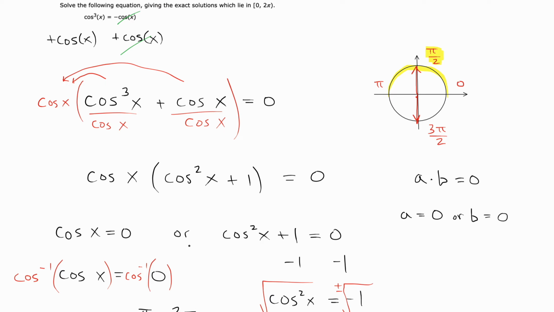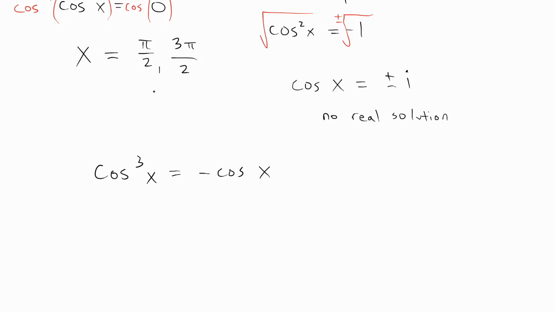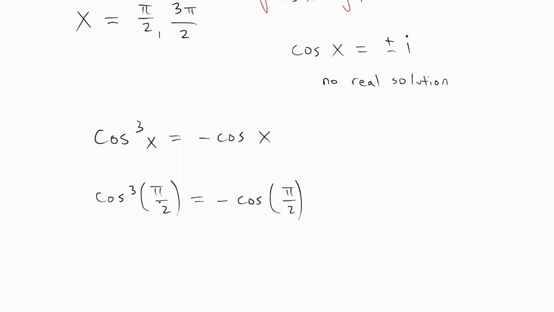We should check them just to make sure that they check when it comes to the original equation. So I'll try plugging in the pi over 2. A cosine of pi over 2 would be 0.